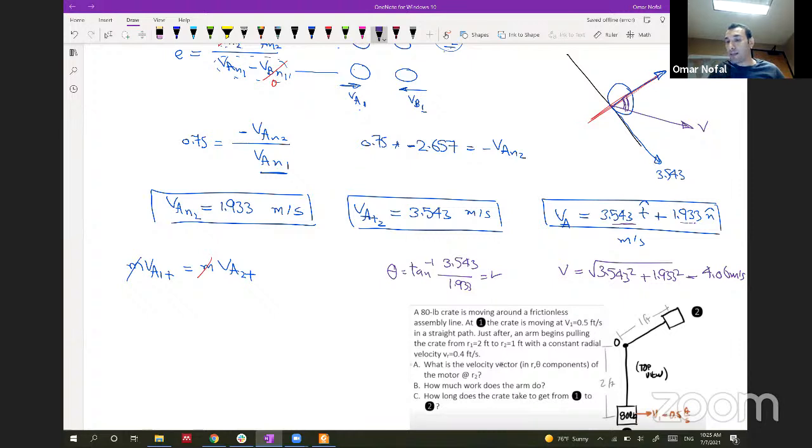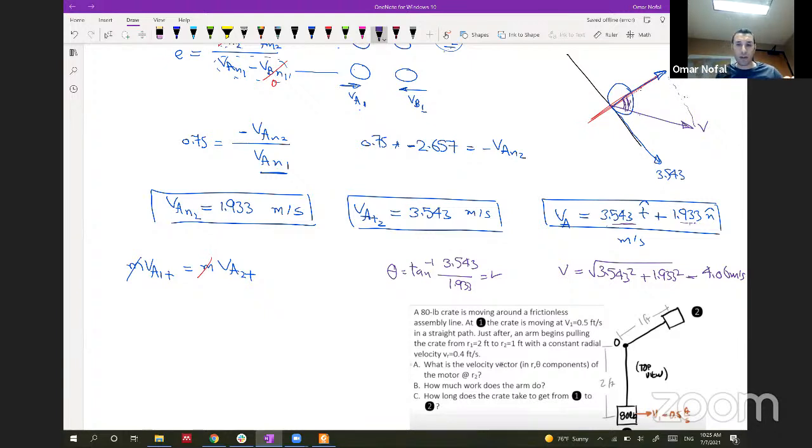But if you divide 1.933 over 3.543, you will get the other angle. Imagine it's something like that. And you are getting the tan theta, which is the opposite over the adjacent. So it will be this angle. So this is how you solve the problem.